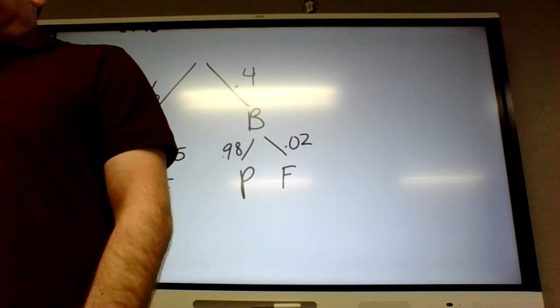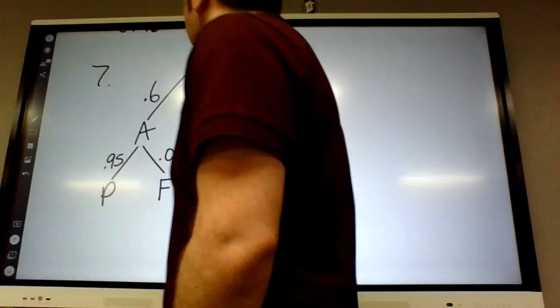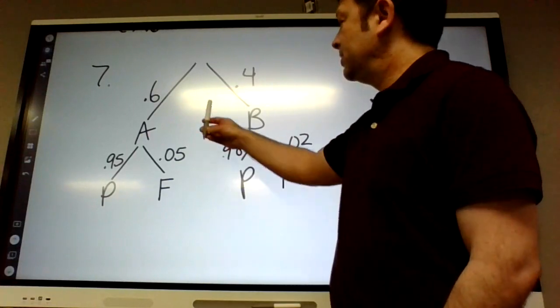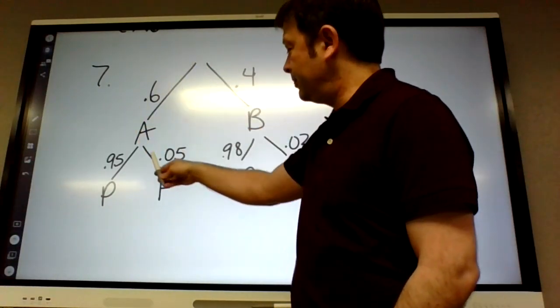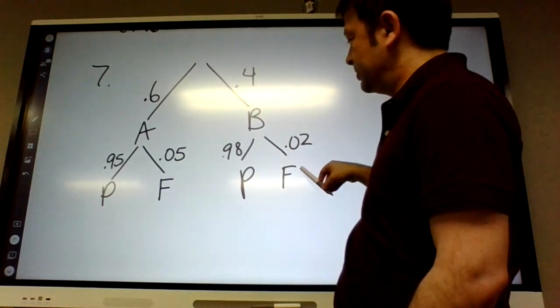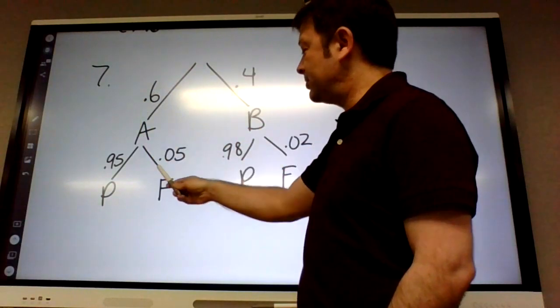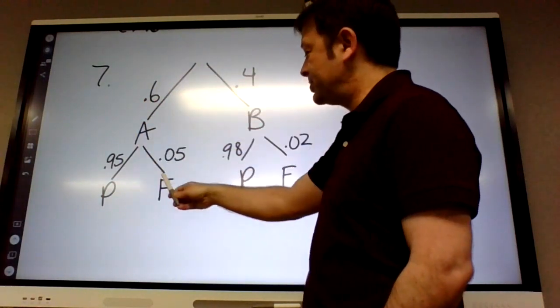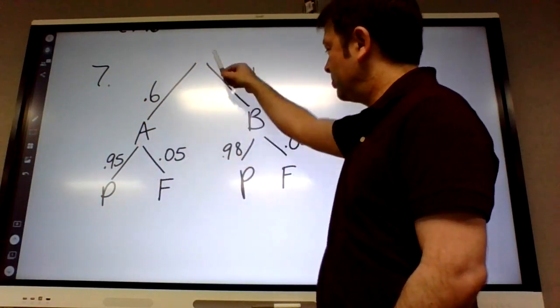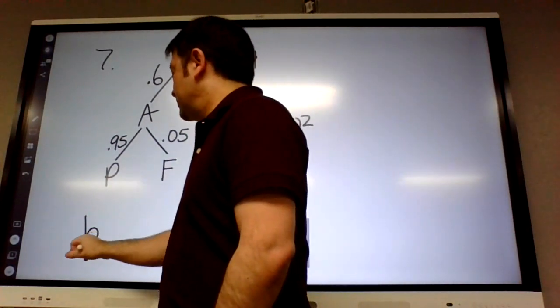What percent of the bearings fail to have the required precision? So what are they asking? They're asking how many come from here or here, right? How many fail? So it's what percentage are in this route or what percentage are over here? So it's kind of like B from number 5.